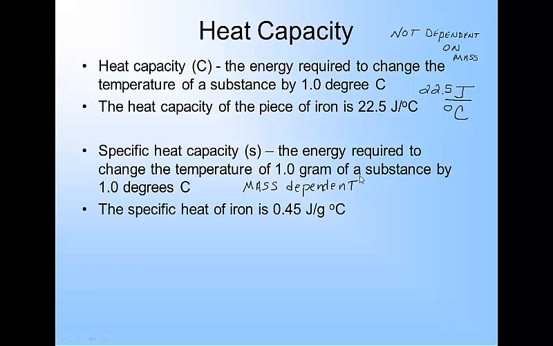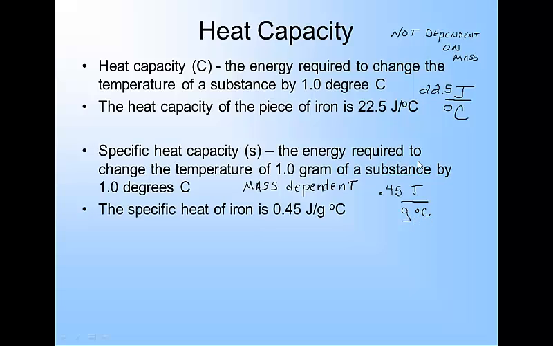Units for specific heat of iron is 0.45 joules per gram degree Celsius. And again, what does it mean? It means it takes 0.45 joules of energy for every 1 gram of iron to raise the temperature 1 degree Celsius.